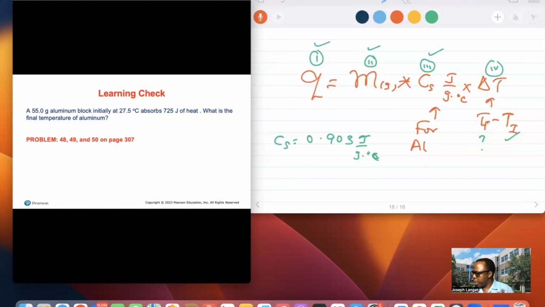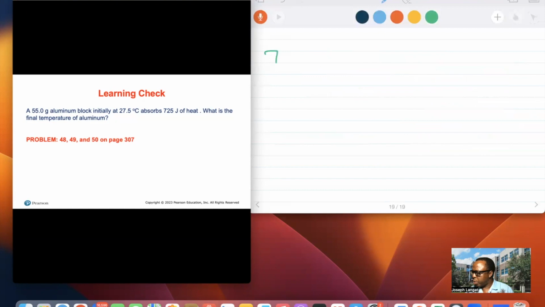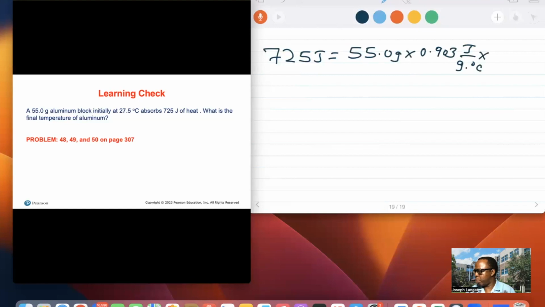So if we plug into the equation, it will be 725 joules equals mass, 55.0 grams, with 3 significant figures so our final answer will have 3 significant figures, times 0.903 joules per gram per degree Celsius times T final minus the initial, 27.5 degrees Celsius.